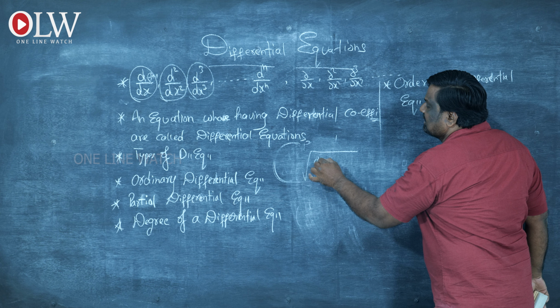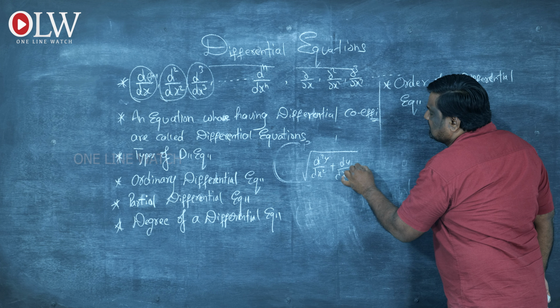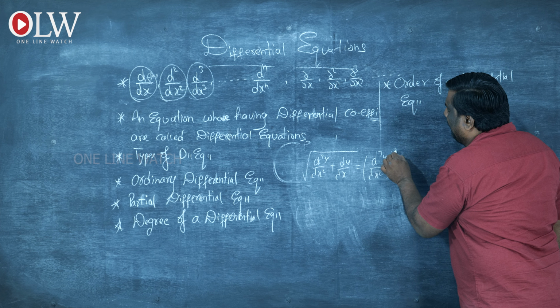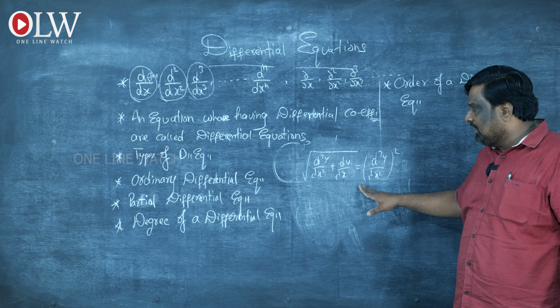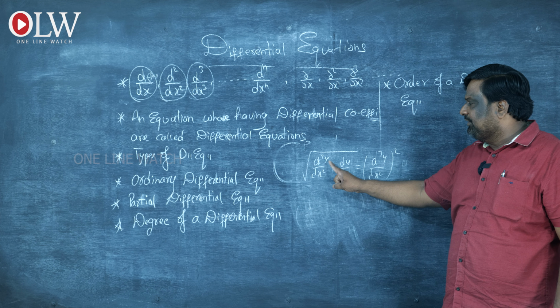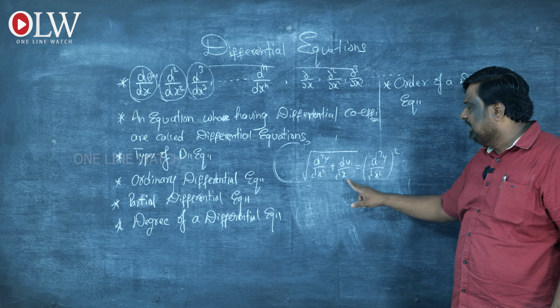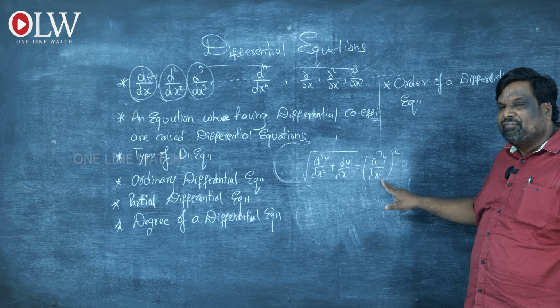Under the root of d²y/dx² + dy/dx is equal to (d²y/dx²)². This is also a differential equation, because an equation is said to be a differential equation if it has ordinary derivatives. In this equation we have three ordinary differential coefficients.